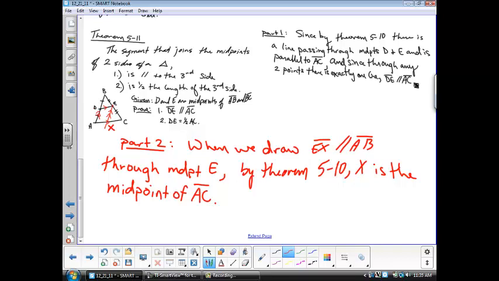Now this means that AX has to be half the length of AC. And since we have a parallelogram and opposite sides are congruent, if AX is half the length of AC, then DE will also be half the length of AC.